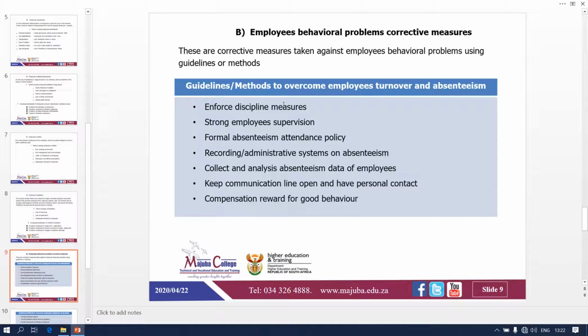This is more applicable for absenteeism. Strong employee supervision in terms of turnover and absenteeism. This is more likely on absenteeism. Formal attendance policy. So maybe absenteeism can lead to employees' turnover. You are always being absent, and enforcement was not applied, but now you resigned.